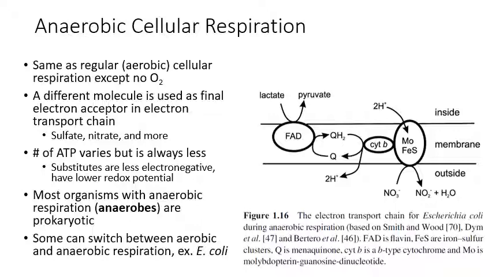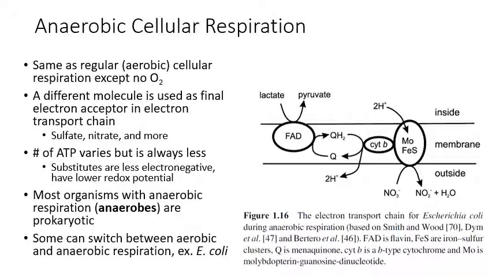Therefore, you're not going to pump as many protons across the membrane, therefore you're not going to make as much ATP. So how much ATP you can make in anaerobic cellular respiration is going to depend on which electron acceptor you're using as a substitute for oxygen.